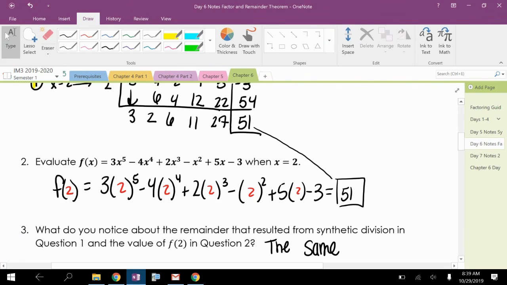That's why we take the time to teach it. If it asks you to evaluate, you could do synthetic division and get the answer a lot quicker than just plugging it in if you don't have a calculator. With this calculator, it's just impossible. So that's why we teach this to you.